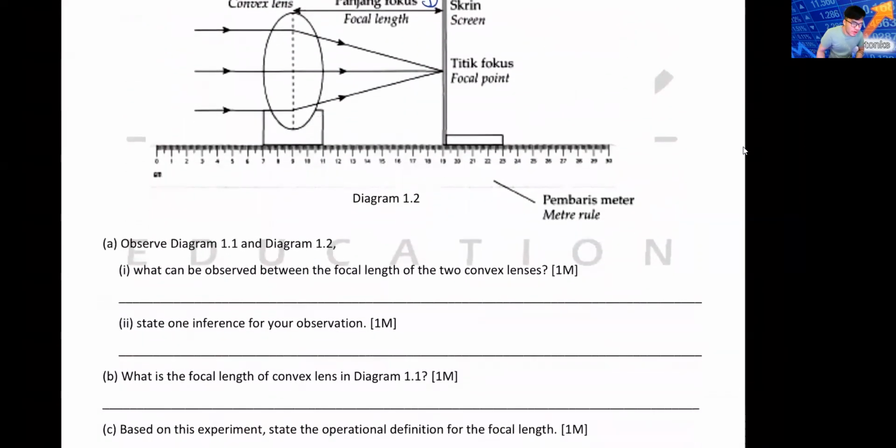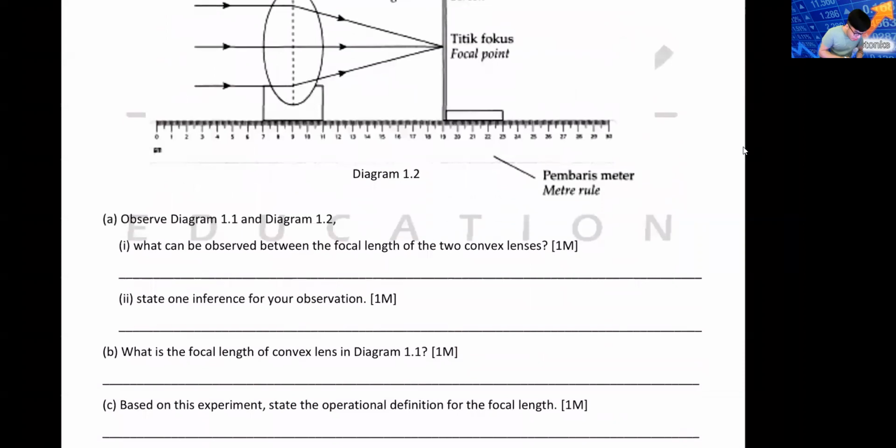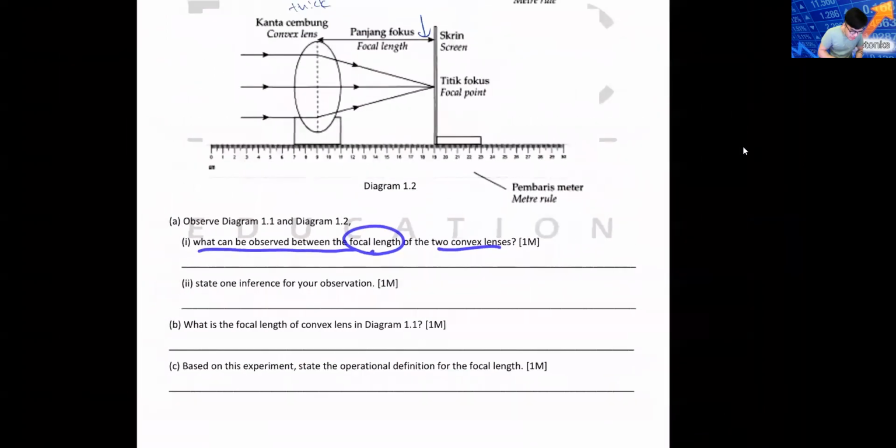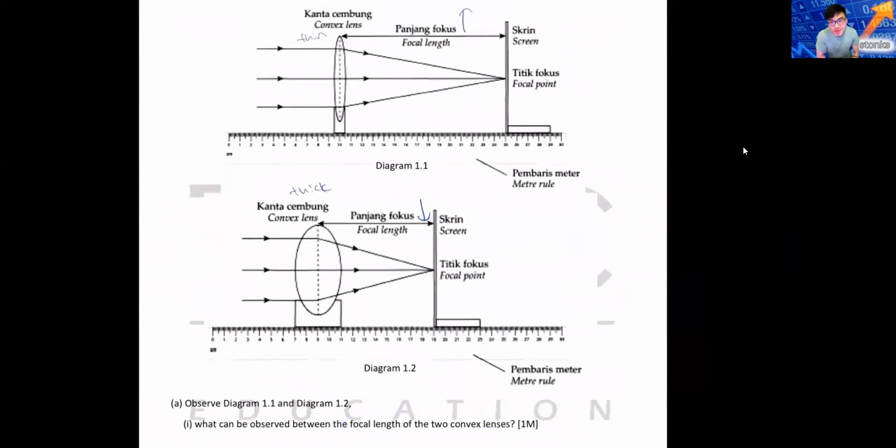So A, observe diagram 1.1 and 1.2. So A1, what can be observed between the focal length of the two convex lenses? What do you see here? There's no studying involved. So diagram 1.1 has longer focal length. Diagram 1.2 has shorter focal length. That's all lah.